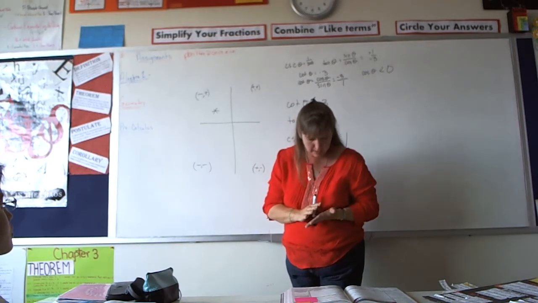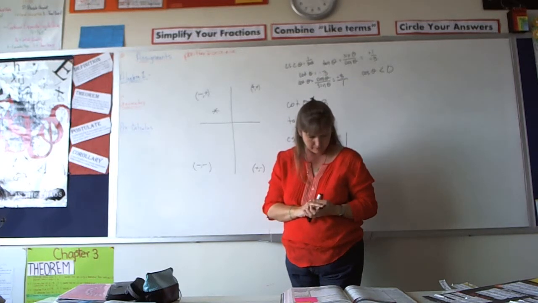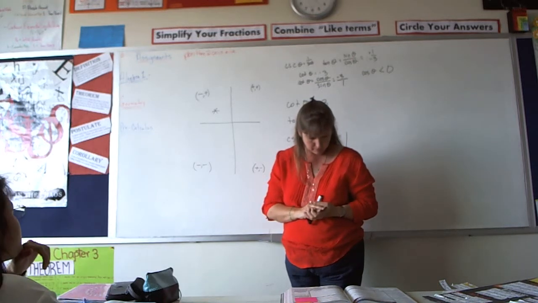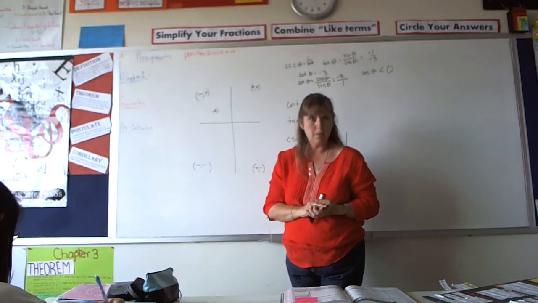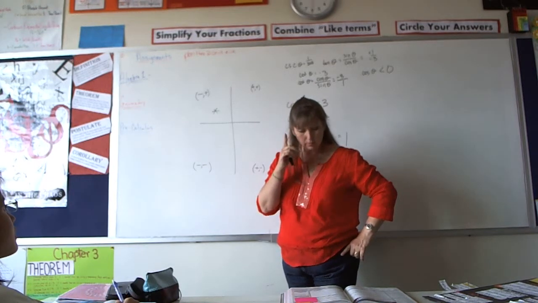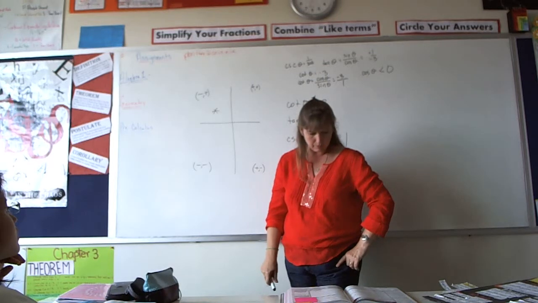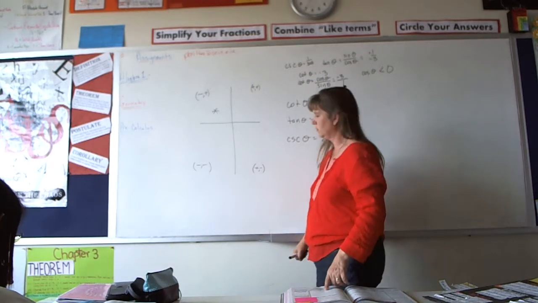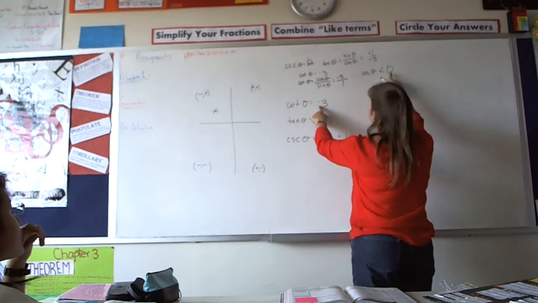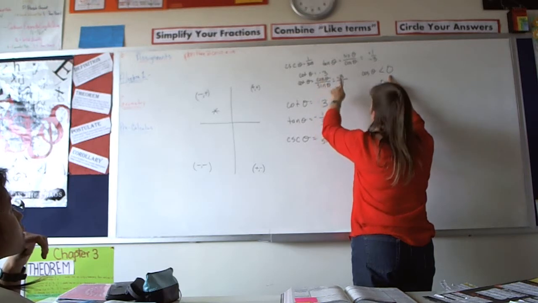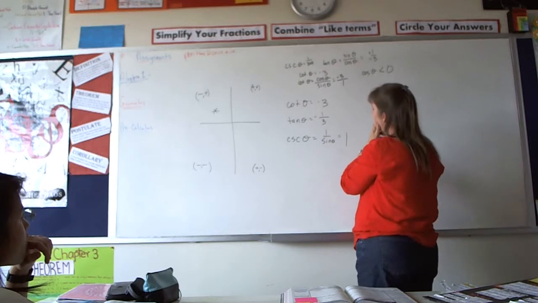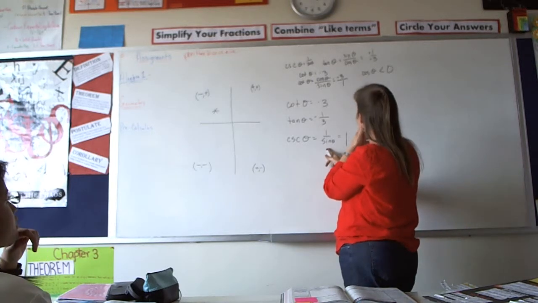They're saying the cosecant of theta is equal to square root of 10. What's wrong? Over the sine.